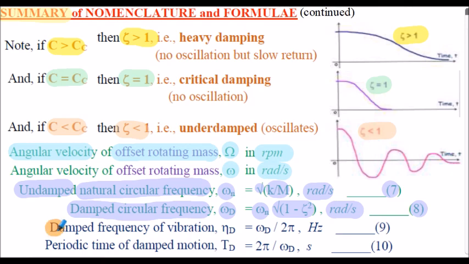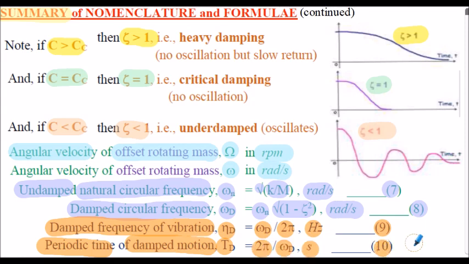The damped frequency of vibration, eta d, is equal to omega d divided by 2 pi. That's a frequency in hertz, equation 9. And the periodic time of damped motion, that's Td, and that's 2 pi divided by omega d. Remember from our previous work on sinusoidal forms, periodic time and frequency are the reciprocal of each other.